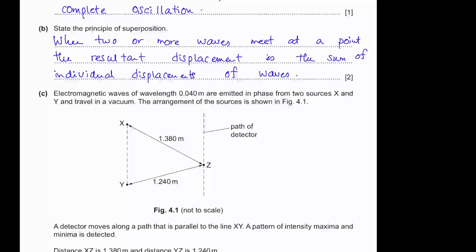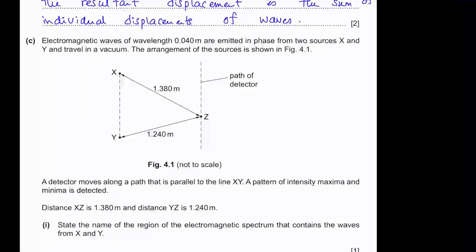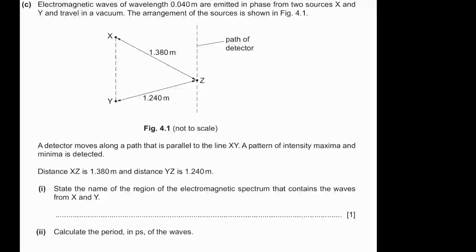Part C. Electromagnetic waves of wavelength 0.04 meters are emitted in phase from two sources, X and Y, and travel in a vacuum. The arrangement of the sources is shown in figure 4.1. A detector moves along a path that is parallel to the line XY.